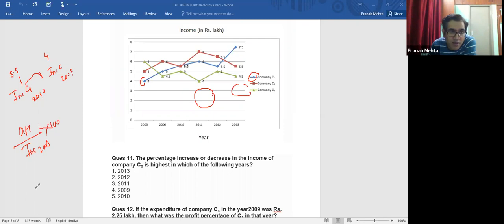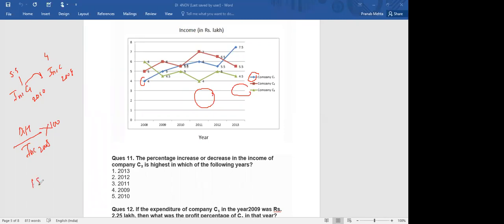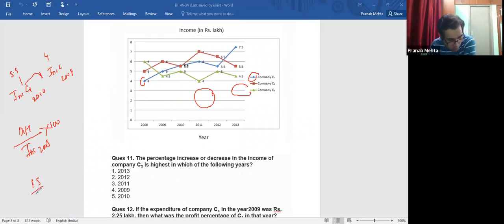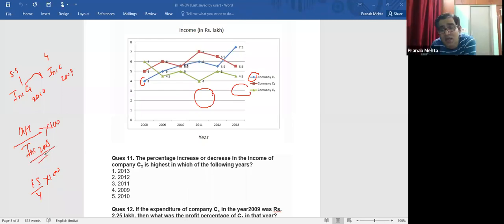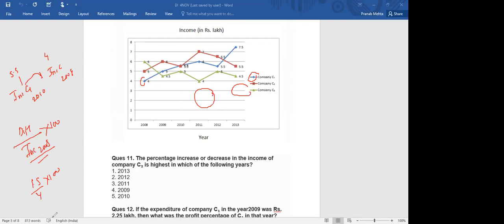Now, so your answer is how much? What is the difference? The difference is 1.5. Be very careful with the base income. They have very clearly said that we have to compare with the income of 2008. So income of 2008 is nothing but 4. So 1.5 by 4 into 100. What is the value you are getting? 37.5.